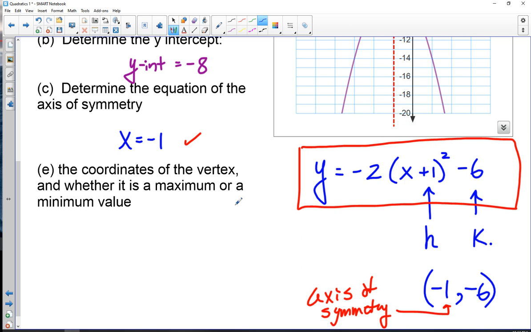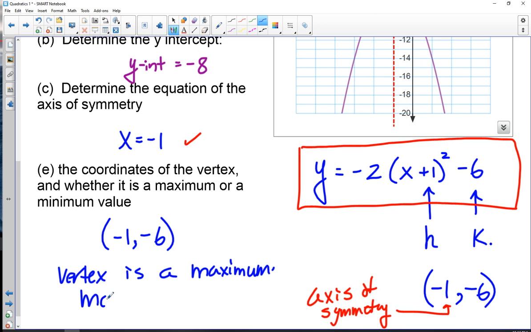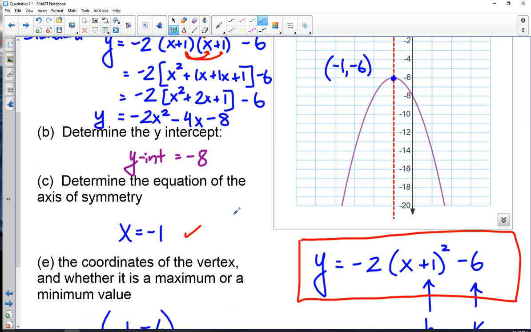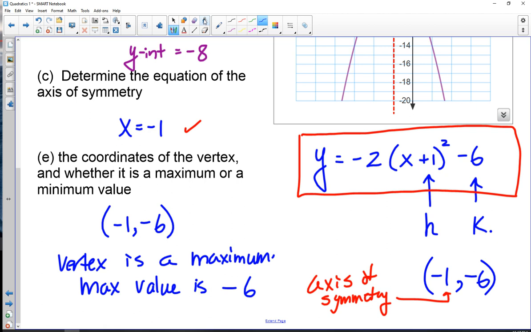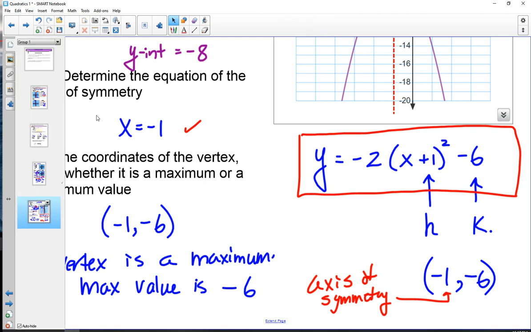All right, so from the vertex form equation, we know that the vertex's coordinates are -1 and -6. And because the parabola opens down, the vertex is a maximum point. And the maximum value is -6. Okay, that's it for now.